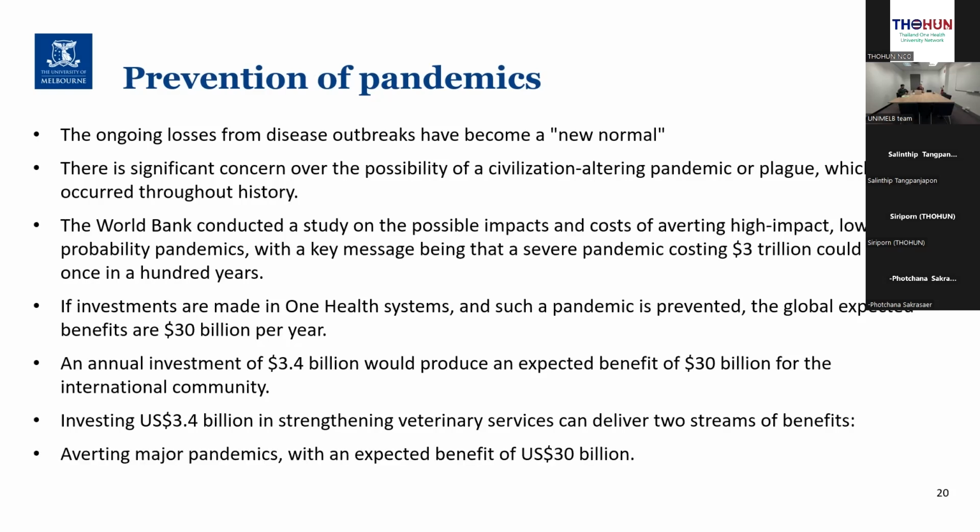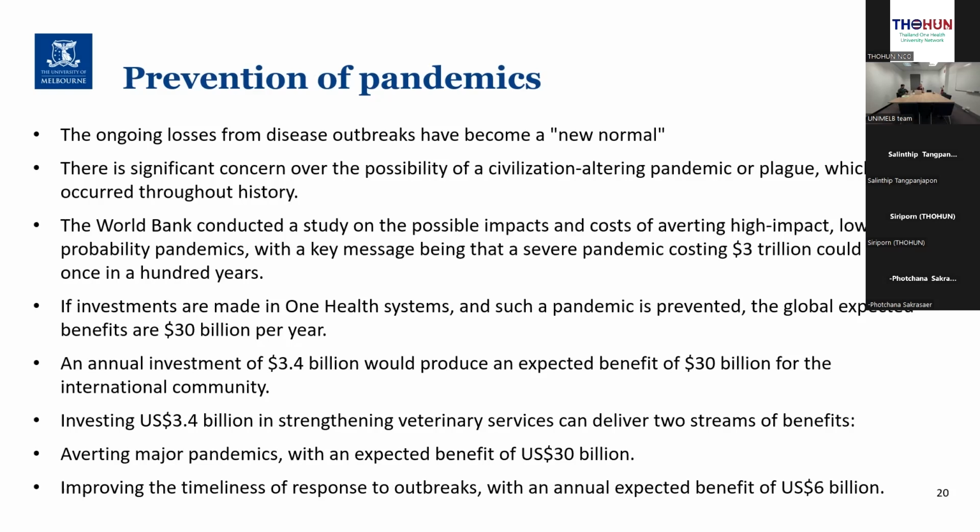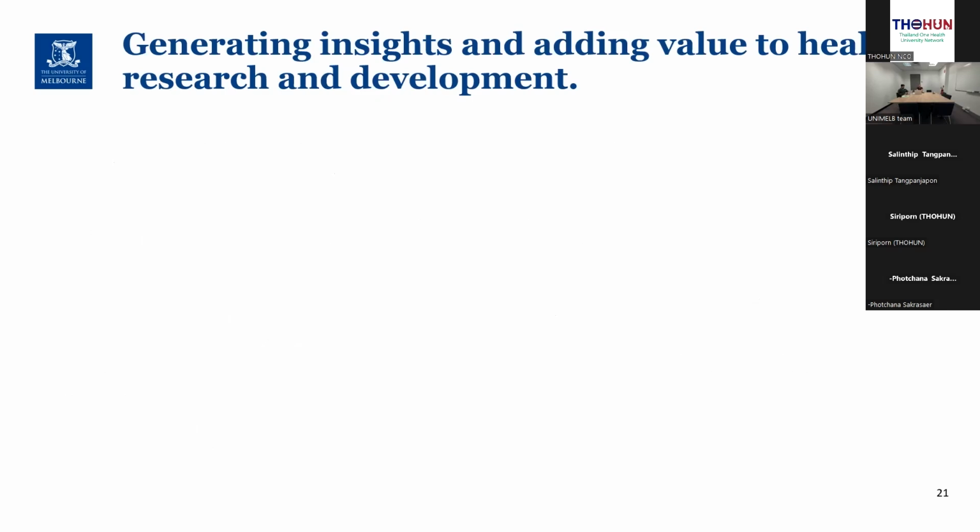The first being averting the major pandemics, and the second being improving the timelines of response to outbreaks. So between the two, averting the pandemic is an annual value of about 30 billion US dollars, and the timely response to an outbreak is valued at about US $6 billion per year.